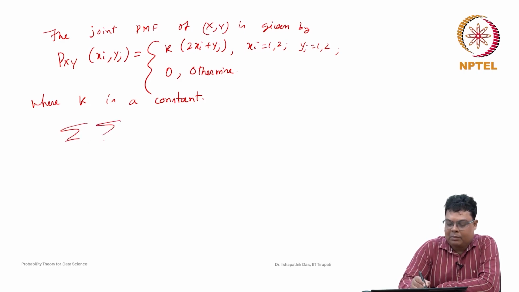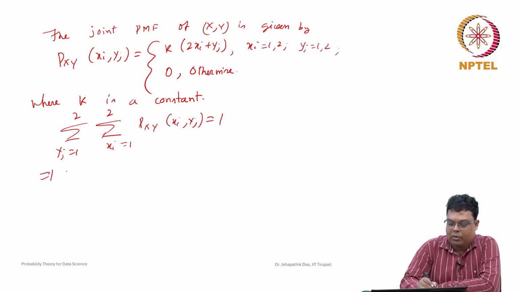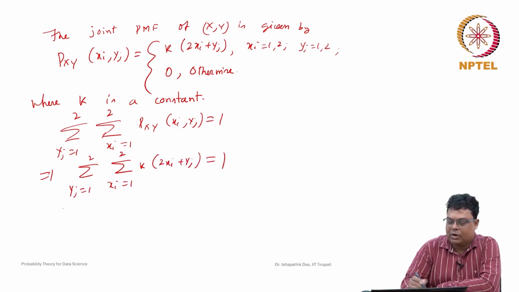If we take the sum over all possible values, x_i can take 1 and 2, and y_j can also take the values 1 and 2, and the sum of p_XY(x_i, y_j) should be equal to 1. This implies k times the summation over x_i from 1 to 2 and y_j from 1 to 2 of (2x_i + y_j) should be equal to 1.